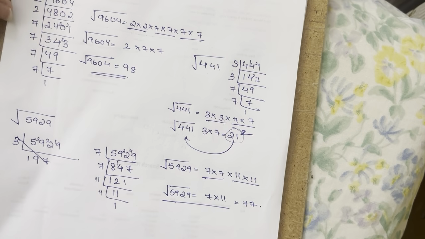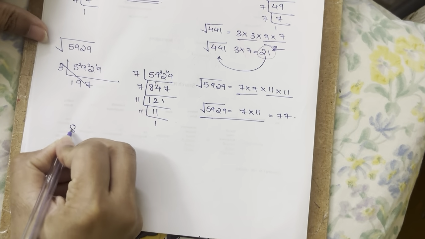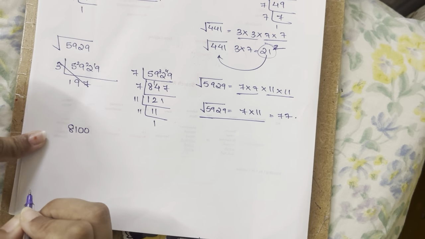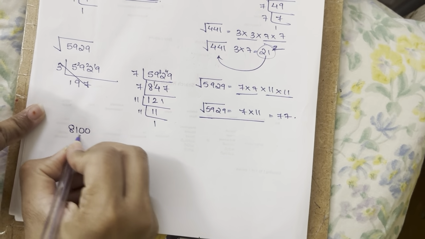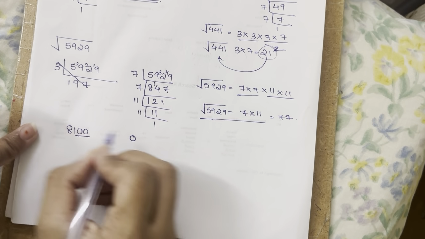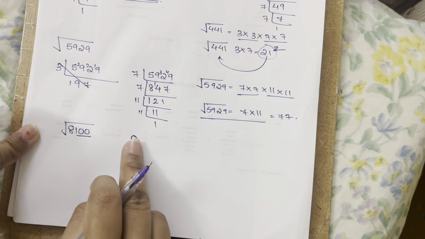Okay, let's take another question, which is going to be a little easier for you to do. That is 8100. When you have numbers such as this, you can find the square root without doing the prime factorization. 2 zeros under the root become 1 zero.